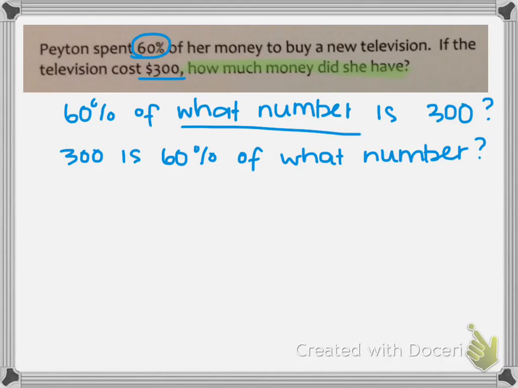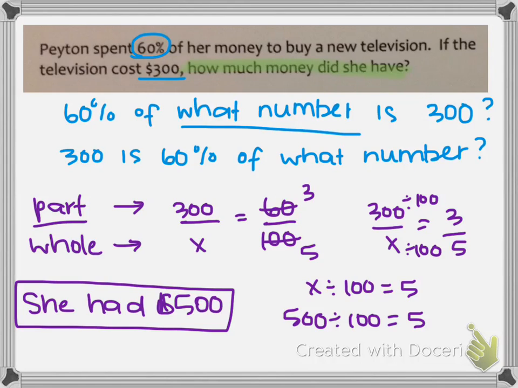So we're going to do our percent proportion, the part over the whole, and then we're going to solve. So why don't you go ahead, pause the video, set up your percent proportion, solve, and then press play to check.